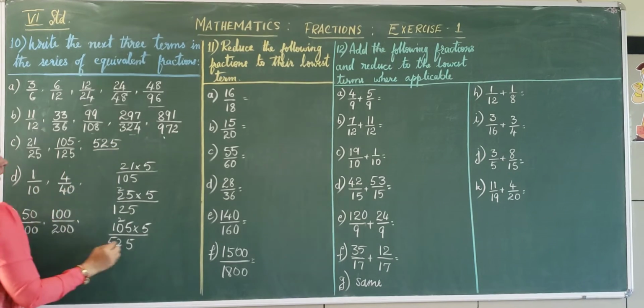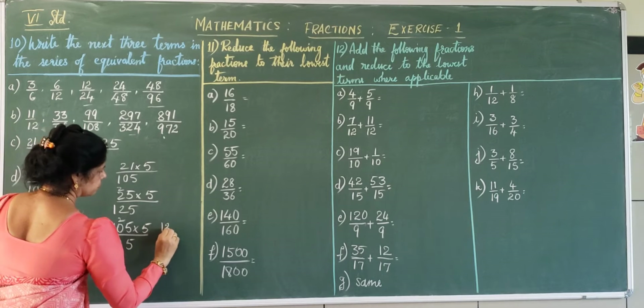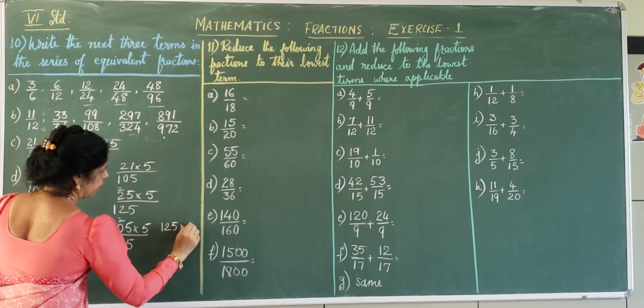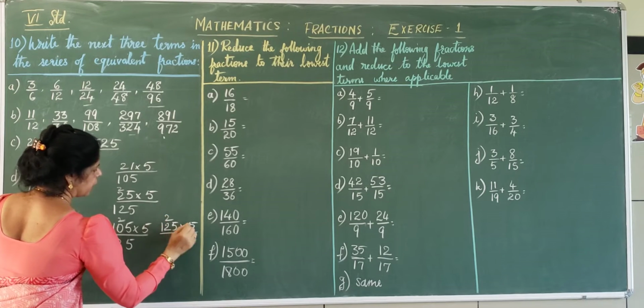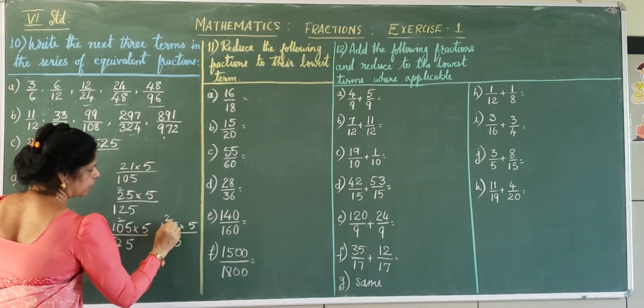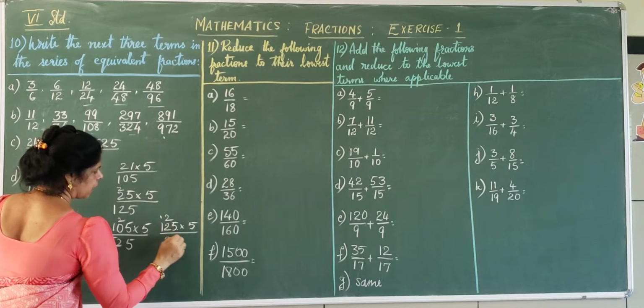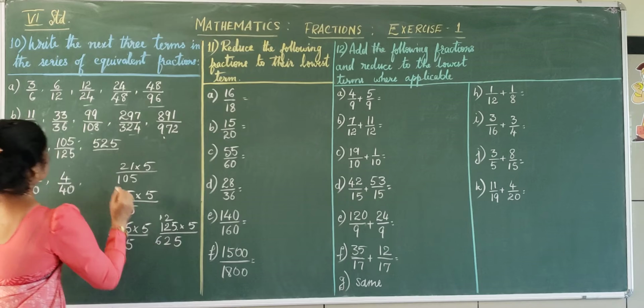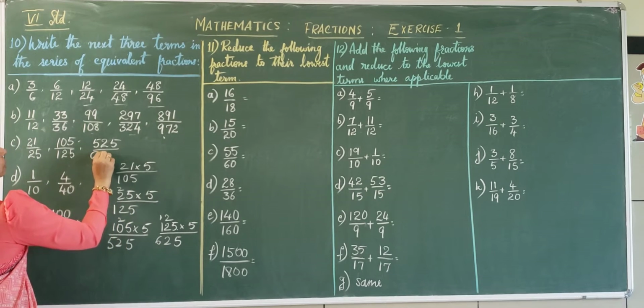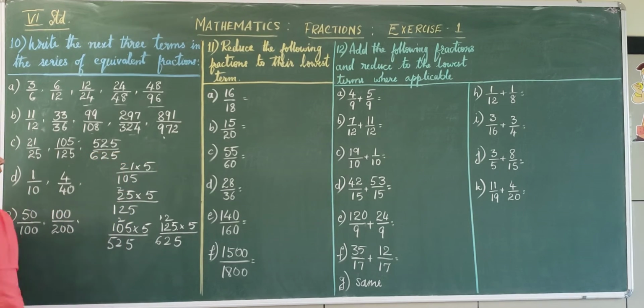Again 125 into 5. 5 5s are 25, carry 2, 5 twos are 10, 10 plus 2 is 12, carry 1, 5 ones are 5 plus 1 is 6. So the next term is 625.